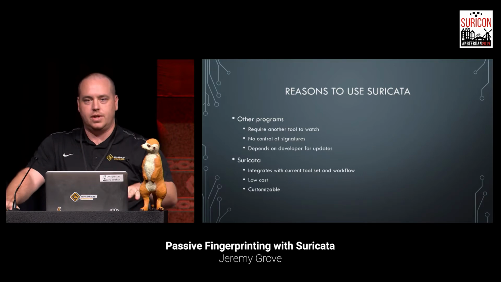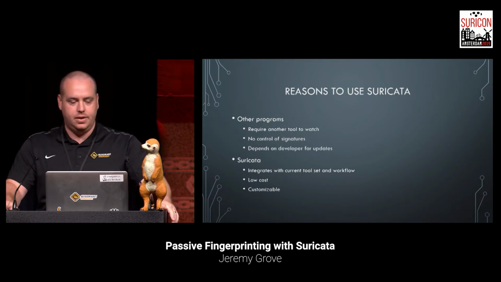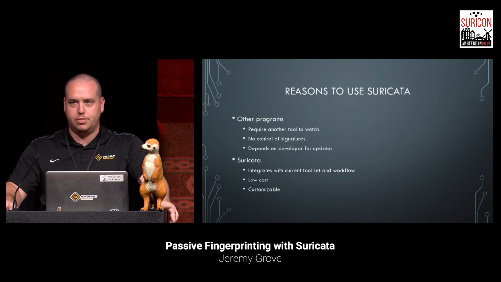These reasons for not using the other programs are generalized, it's not per program. And then you depend on the developer for updates. With Suricata, it's a system that we know, a system that we use, and we just need it to do its job, and then we'll update signatures.